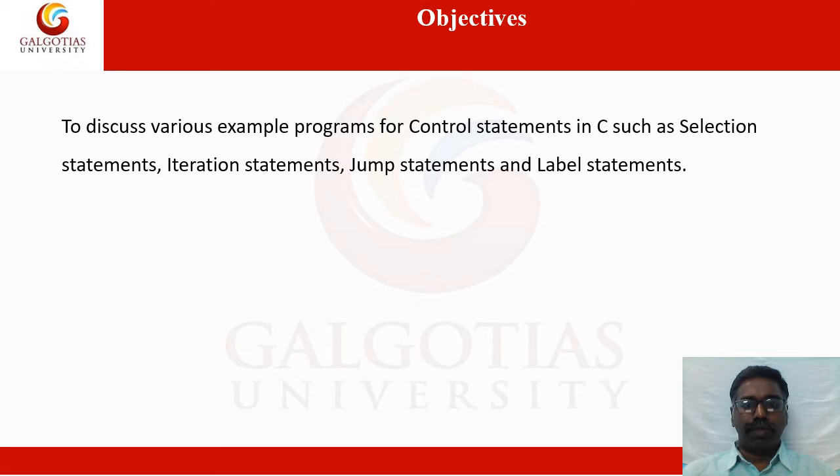The objective of this session is to discuss various example programs for control statements in C, such as selection statements, iteration statements, jump statements, and label statements.